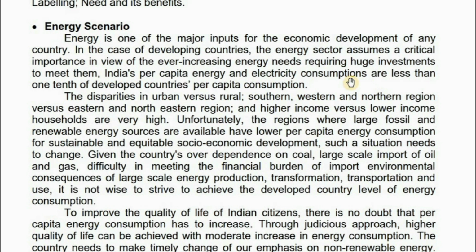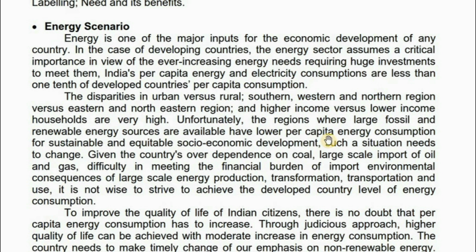Say there is an urban area and a rural area, so there is a consumption difference between urban and rural areas. Further, let us consider the southern, western and northern regions versus the remaining part, that is the eastern and northeastern region. There is a difference in the consumption of energy.